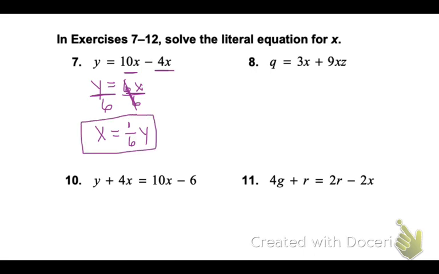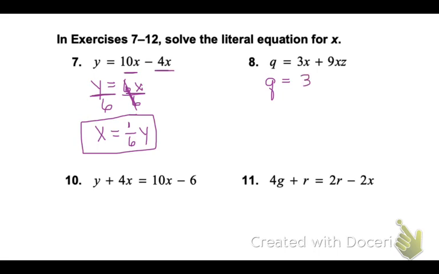Looking at number 8. Here's one similar to the example that was on the previous slide. We want to factor out that x. Because x is a factor of the first term, it leaves behind the 3. Actually, let's look a little deeper and we can see that we can factor out 3x because 9 also has a factor of 3.